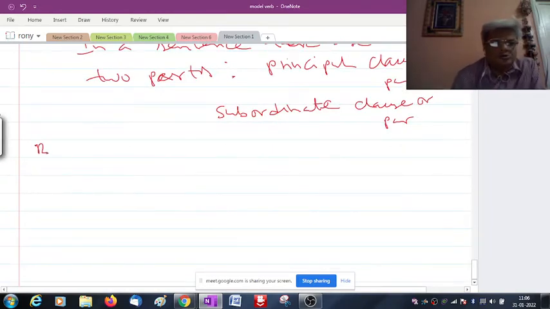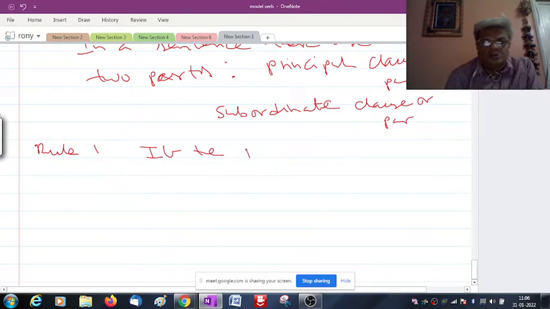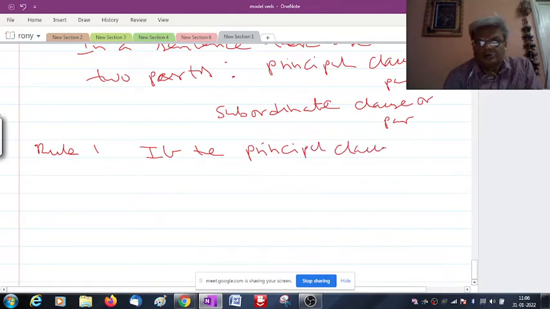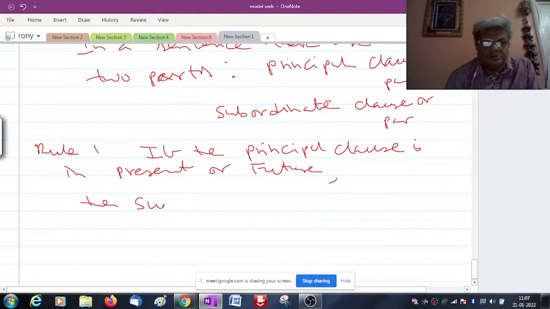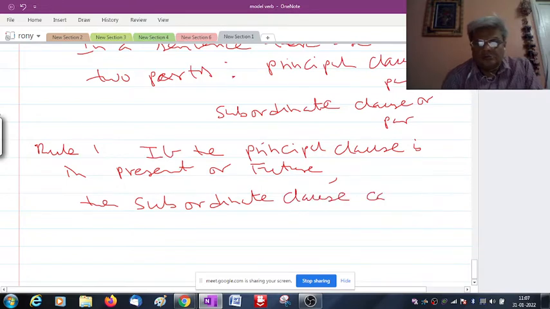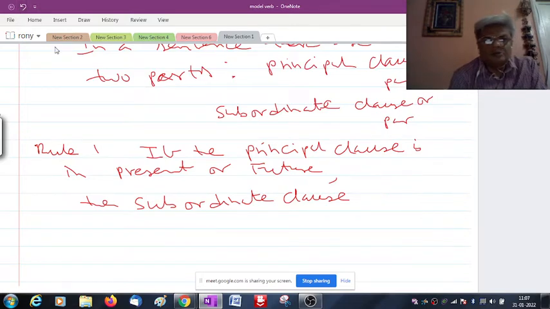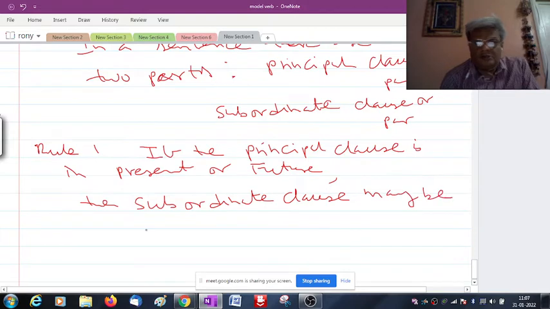So, rule 1. If the principal clause is in present or future, the subordinate clause may be in present, past, and future.